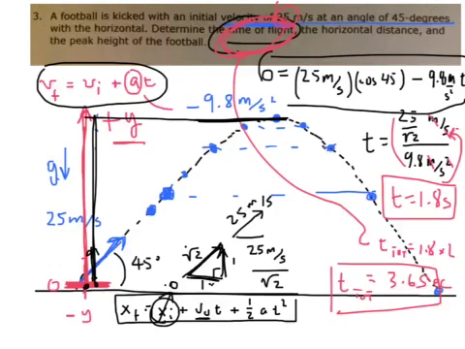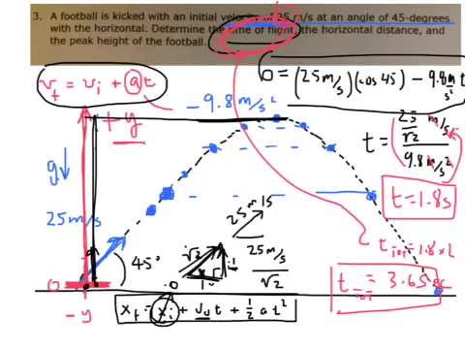Or another way of saying that is we take the sine of 45. So we know that this component right here is equal to the sine of this angle here, 45, times this part here.